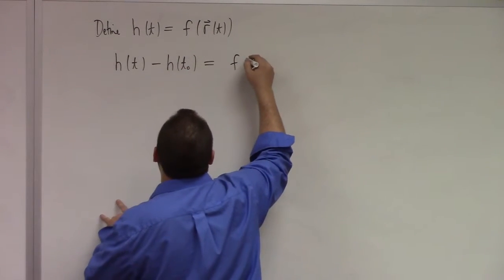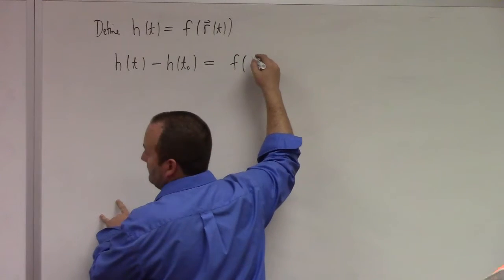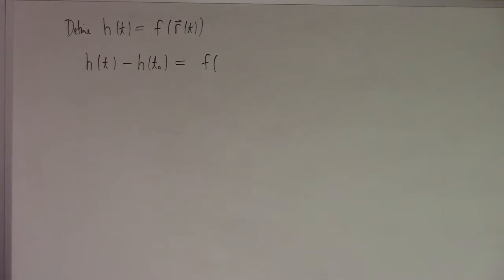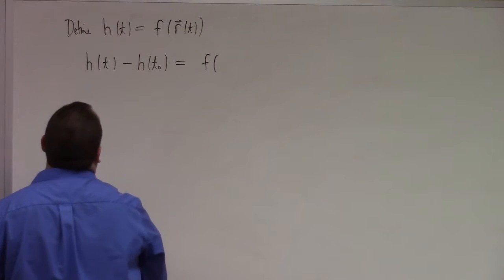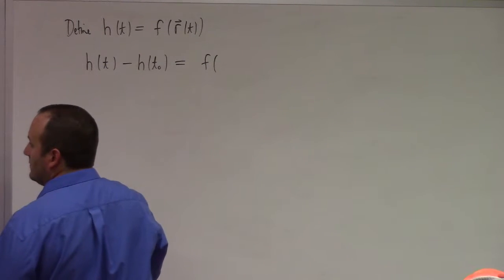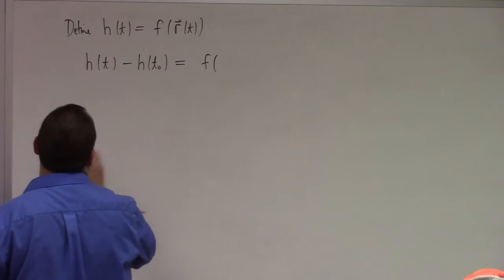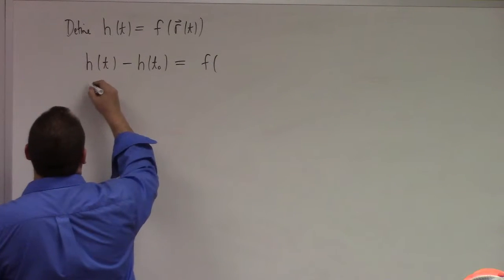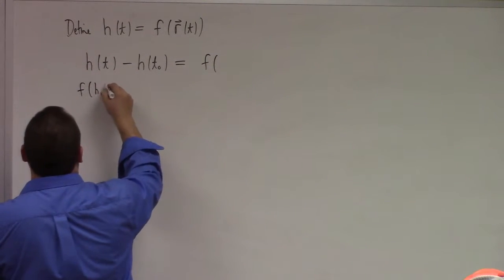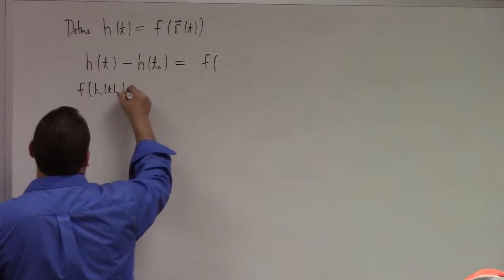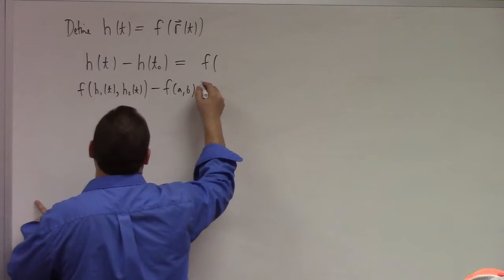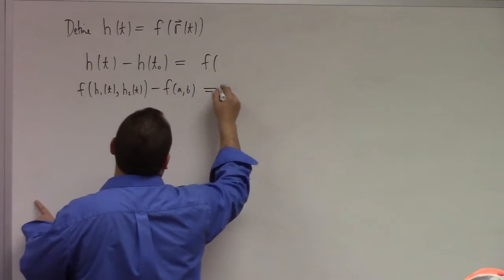It's f of h1 of t comma h2 of t minus f of a comma b, all right? That's equal to what?